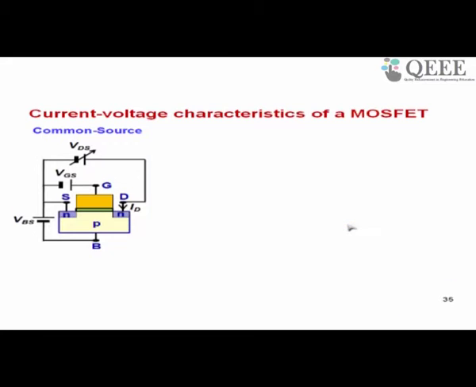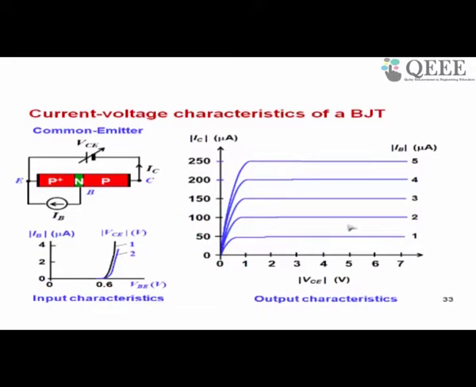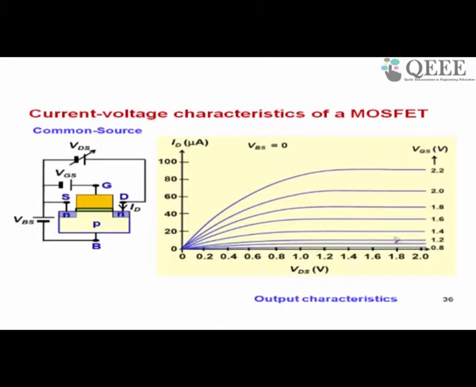Let's go back to the bipolar transistor. Here, when the base current increased in equal increments, 1 to 2, 2 to 3, 3 to 4, the collector current appears to increase also in equal increments. So the increment in collector current in response to increment in the base current is equal, whereas in a MOSFET you can see there is a difference.